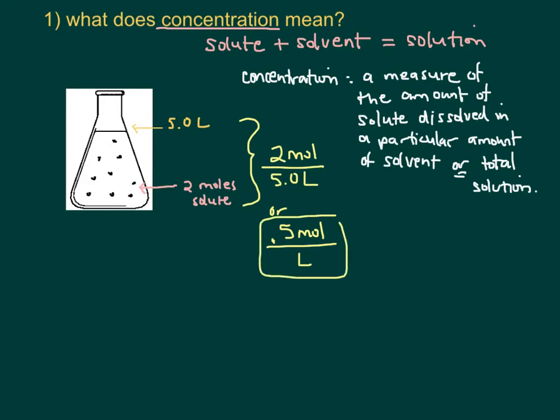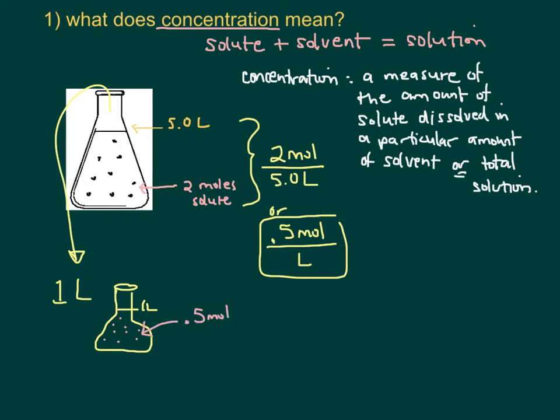So what that tells me is if I pour out a liter of that solution into another flask, then I should have about 0.5 moles of solute floating around in there. So that's a way of expressing the concentration of a solution.